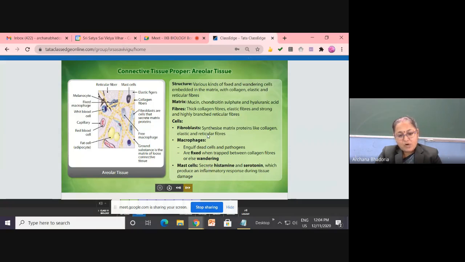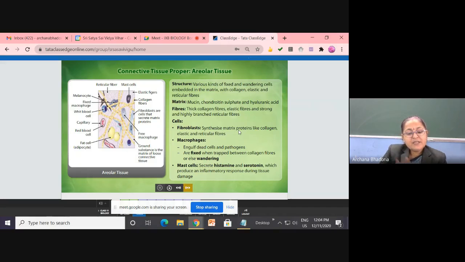So you copy now from here. Fibroblasts. They synthesize fibers. You write down, they synthesize fibers such as collagen fibers, elastic fibers and reticular fibers.